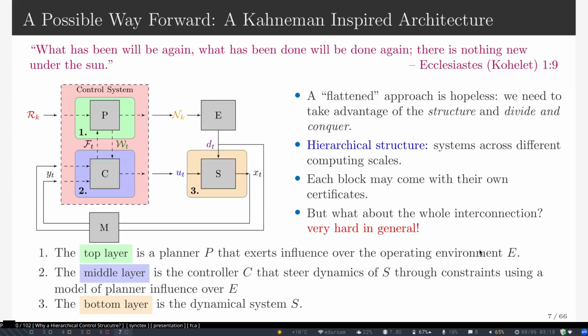And then we have to be careful about the whole interconnection. How would a decision made by a planner show itself after it goes through the controller, propagates through the system, and comes back up? So it's something that we have to be really careful about how we do it.